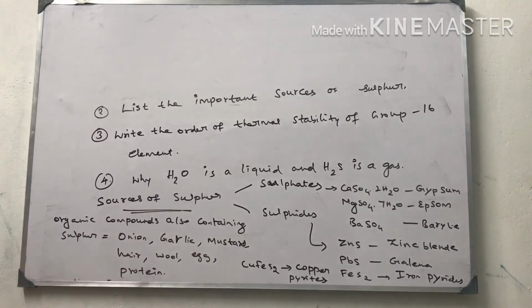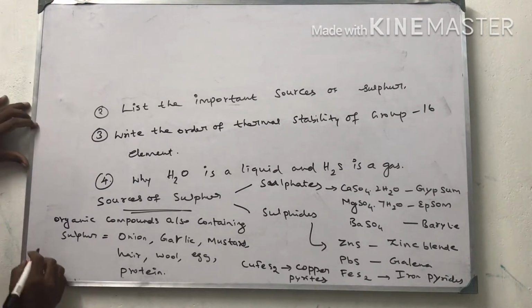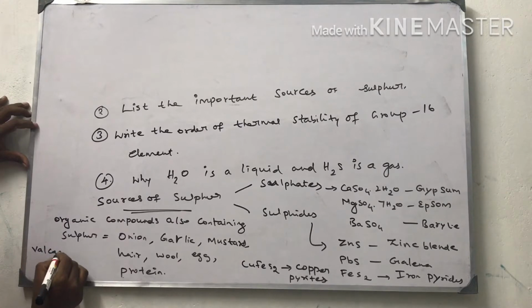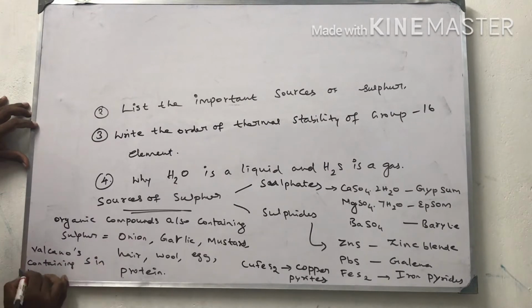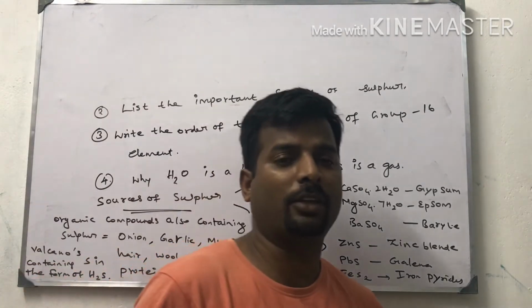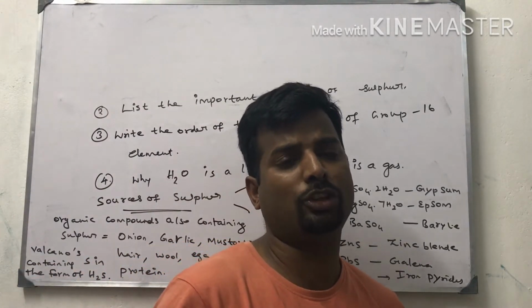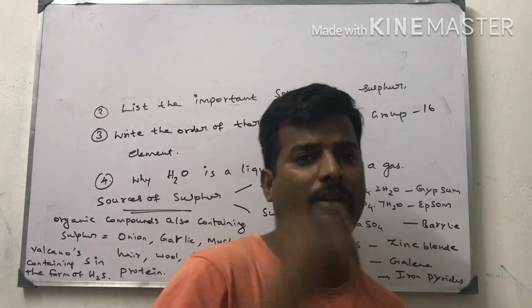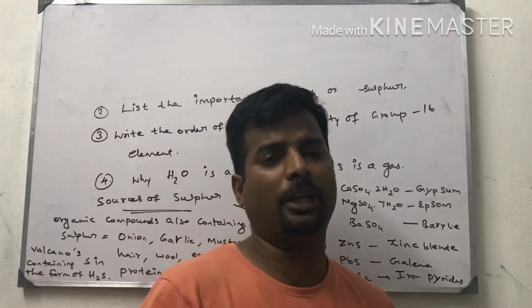So these also contain sulfur, and volcanoes contain sulfur in the form of H2S. In the earth, sulfur is present at 0.03 to 0.1 percent. Sulfur is present in the combined state.